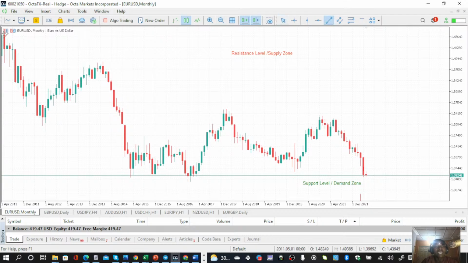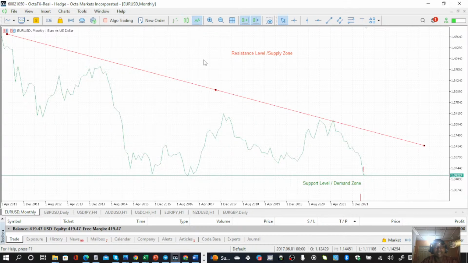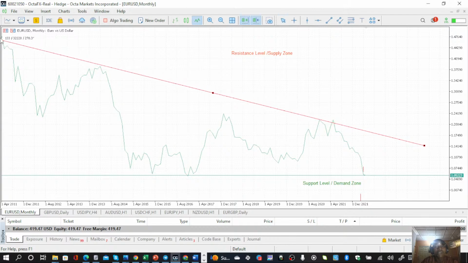Obviously, when we take our trend line and run it down through this way, to get a clearer level to place the lines, let's change it to a line chart. With the line chart, we can see the levels to place this on clearly.